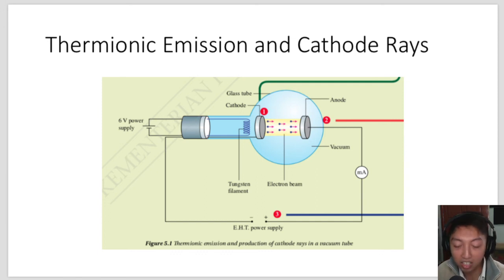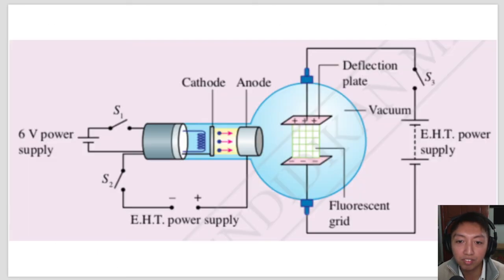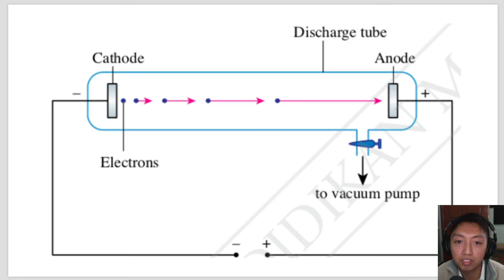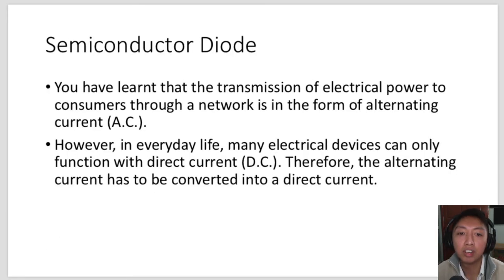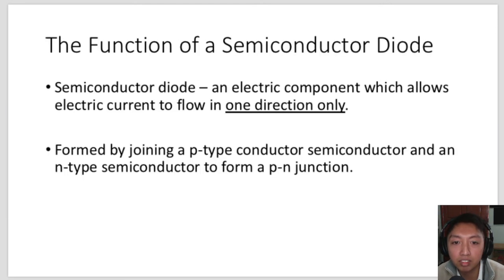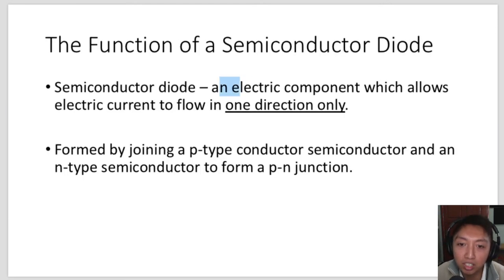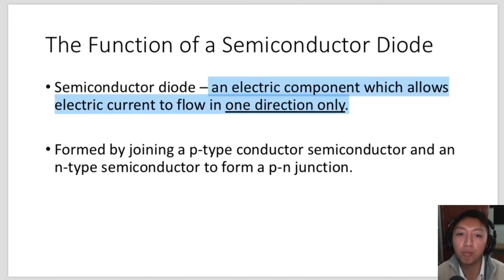So this is actually what a diode does. A diode is an electric component which allows electric current to flow in one direction only.